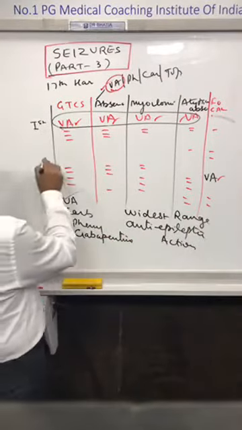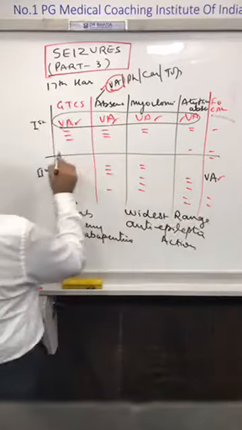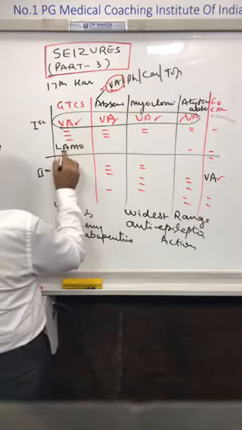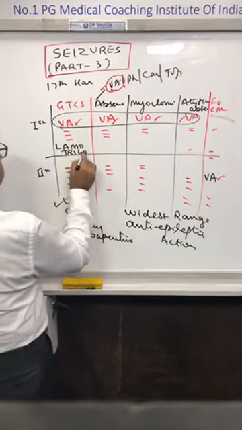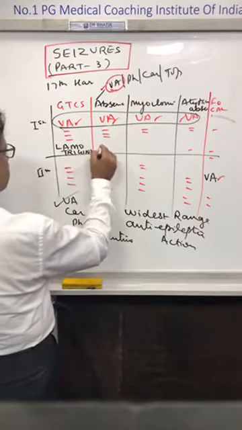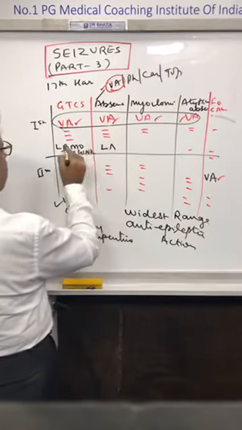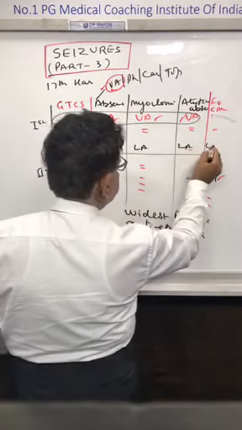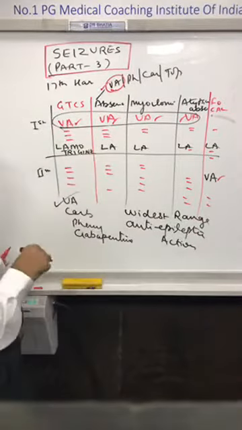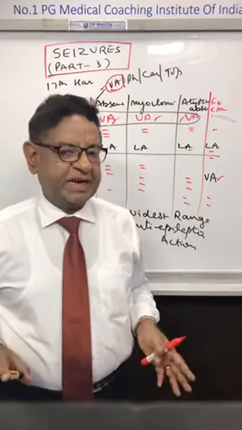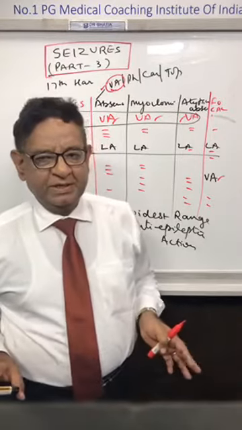But a new drug which has been introduced as a first line treatment is Lamotrigine. L is Lamotrigine. So now you have another drug which has the widest range of action, that is Lamotrigine.